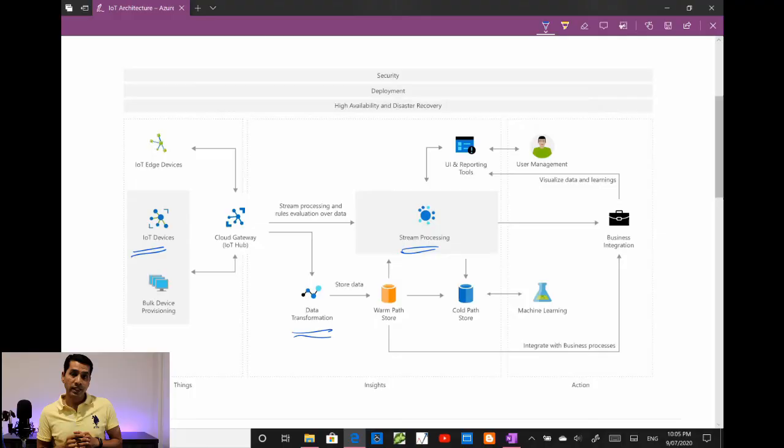So that could be an output that you get out of the real-time operation. At the same time, the data that goes into the long-term storage could be a data lake, could be a blob storage within Azure, and is used for analysis around machine learning.